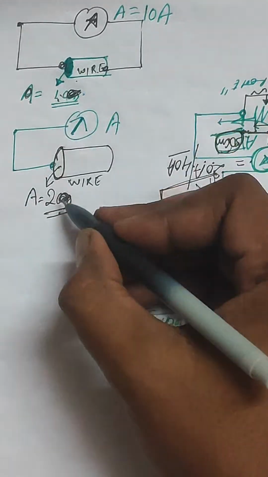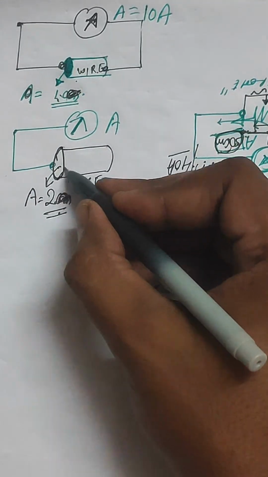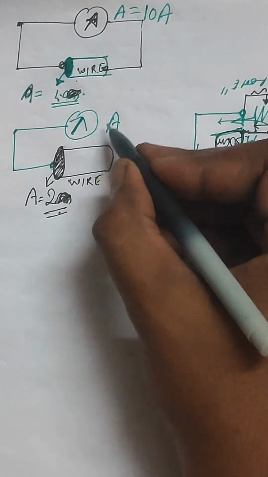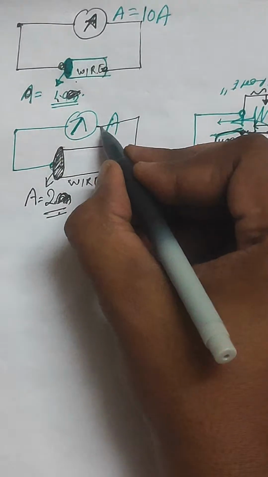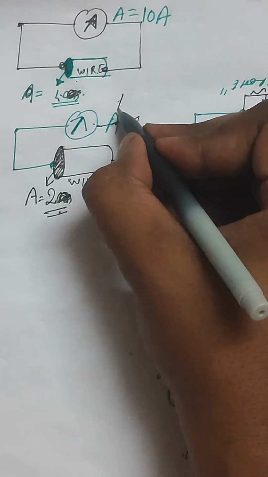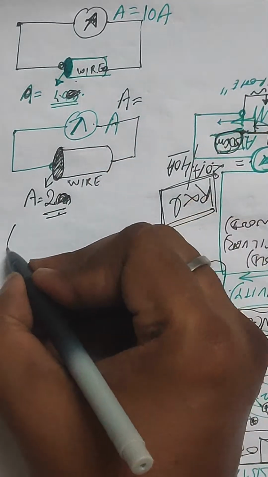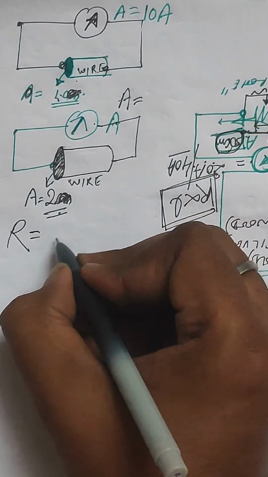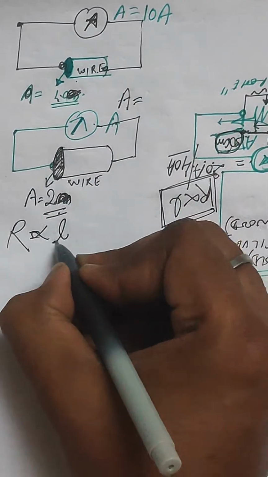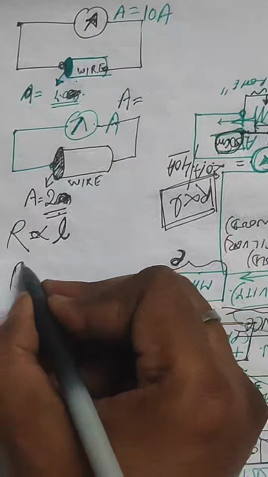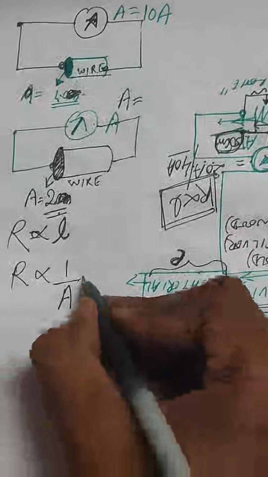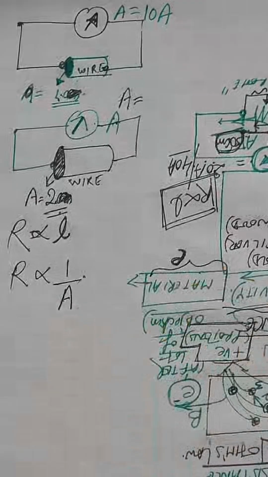So from 1 to 2, if the value is higher, if this is increased, then we have seen the current through this ammeter. We have observed that R was proportional to L in the previous experiment. So through this experiment, we have observed that R is inversely proportional to A, area of cross section.